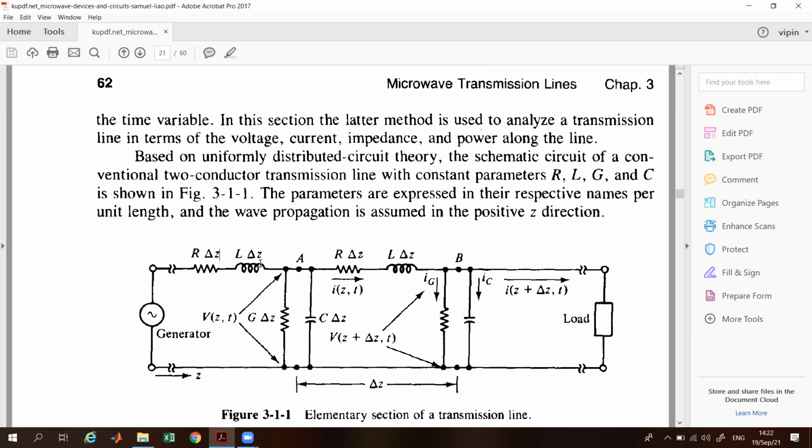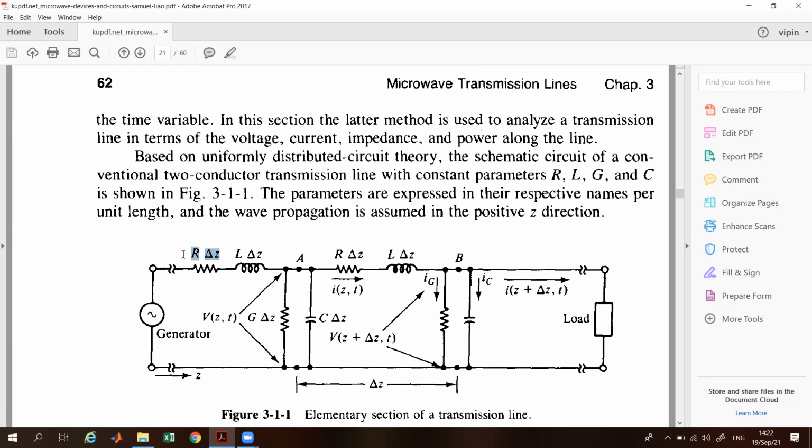With respect to that, suppose I have to find the resistance, then I will multiply the length by R, because R is defined as resistance per unit length.